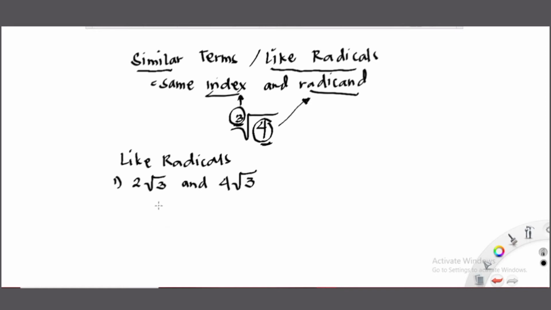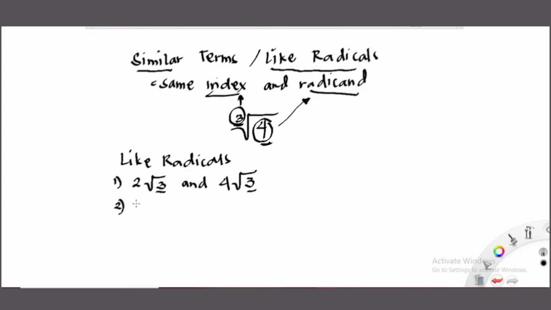These two radicals are like or similar radicals because of their index. Wala tayong nakikitang small number on the upper left, so it means that the index is 2 because that's a square root. Pareho sila. And at the same time, they have the same radicand, which is 3. That's why we can say that these two radicals are similar radicals.